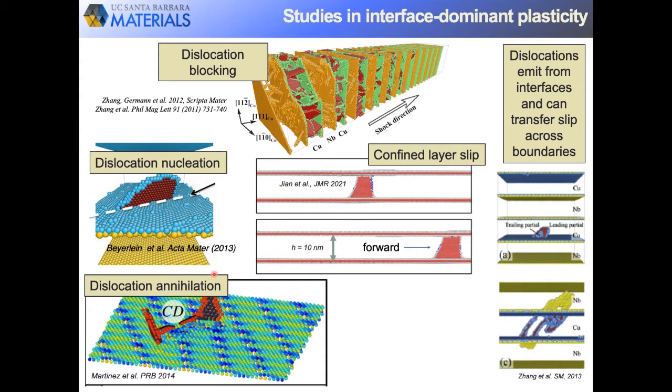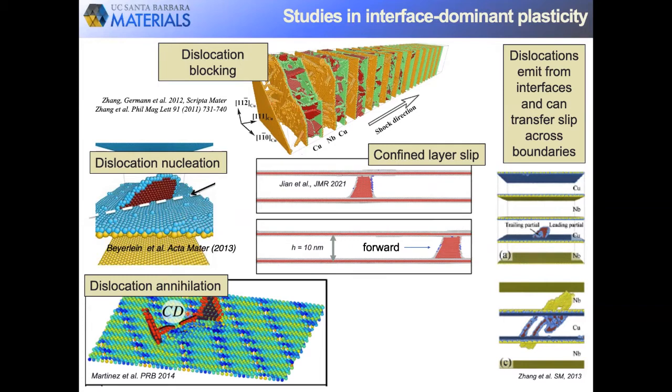Many of these works here that you see were carried out to elucidate mechanisms of resistance to motion of nucleation, the resistance to threading through these layers, the resistance to transmission across these layers, and also how well these interfaces block even in extreme strains.